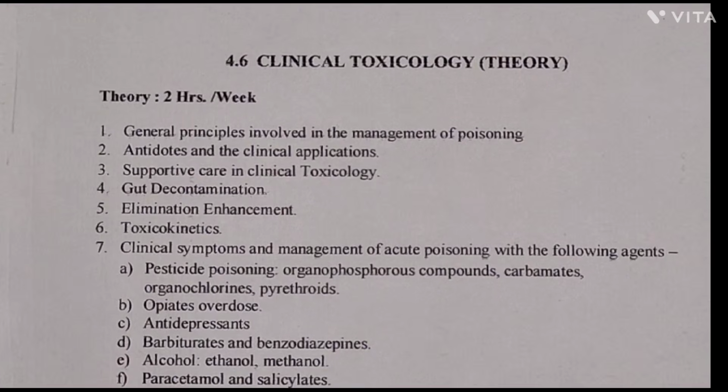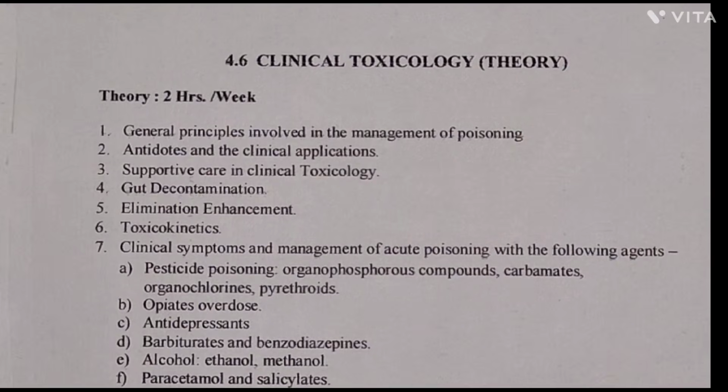And here what I want to say again is that when we discuss the general principles involved in the management of poisoning, under that only these topics, antidotes and clinical application, supportive care in clinical toxicology, gut decontamination, and elimination enhancement, are covered. So these 4 chapters, chapters 2, 3, 4, 5, are going to be well covered in chapter 1, that is, the general principles. So the general principles involved in the management of poisoning is the most important topic for us.